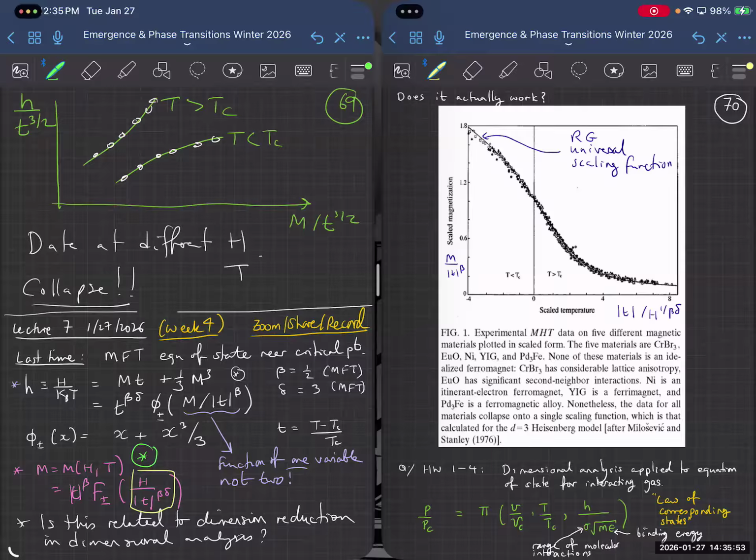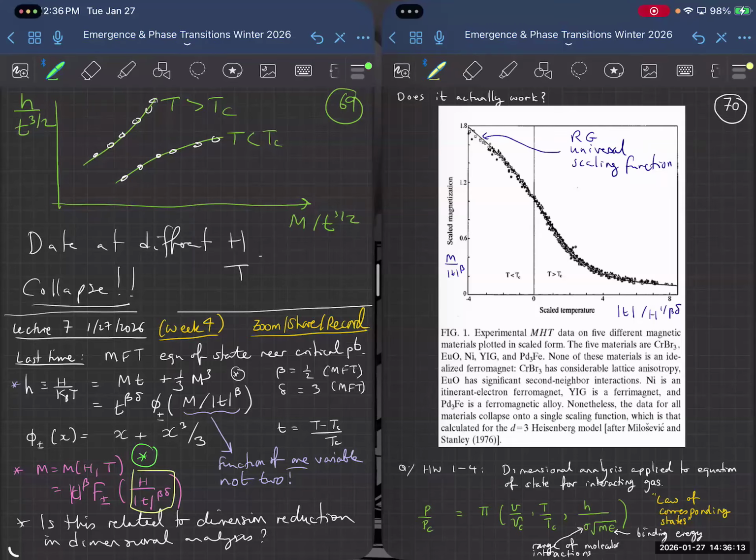You plot it in the way that I've drawn on the right-hand side, and you can see data for various temperatures and various magnetic fields, and they all just fall onto one universal curve, which you can see with your own eyes. Actually, this curve is not one magnet, one set of data.